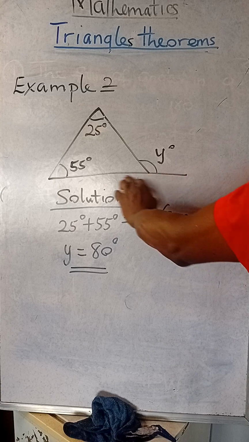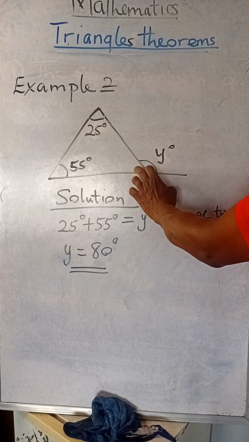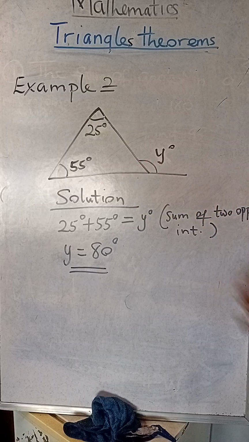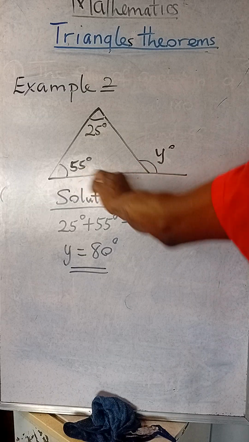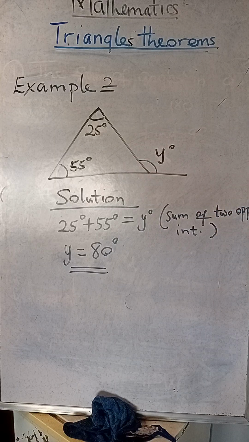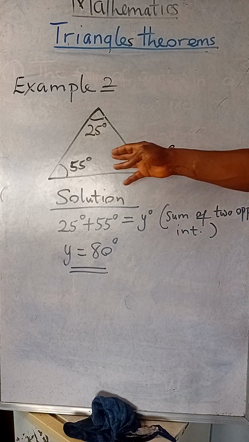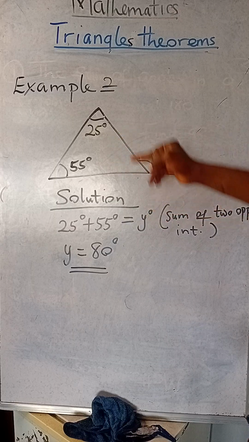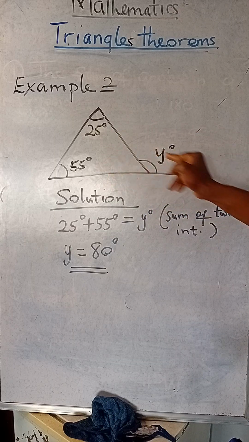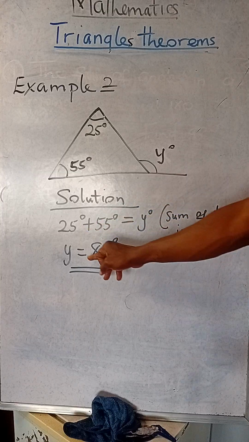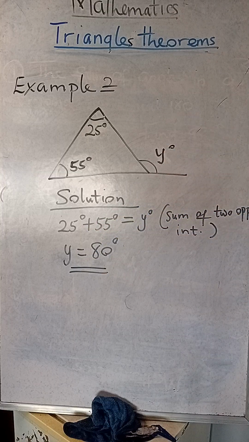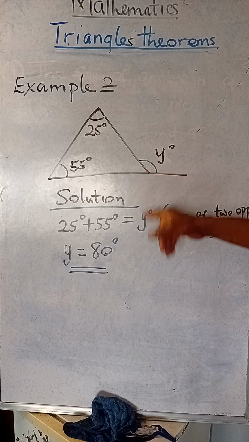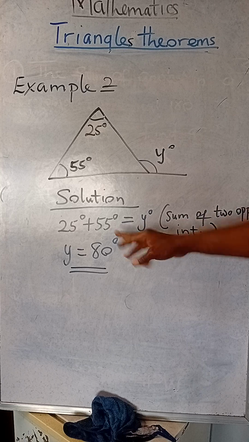And if this is a straight line, if you subtract 80 from 180, you have 100. So that also settles the fact that angles on a straight line equal 180, which we did in our previous class. But for the sake of this question, we have this plus this equals y, and y equals 80 degrees. Following the second theorem, that the sum of two opposite interior angles of a triangle equals the exterior angle. And that is the answer.